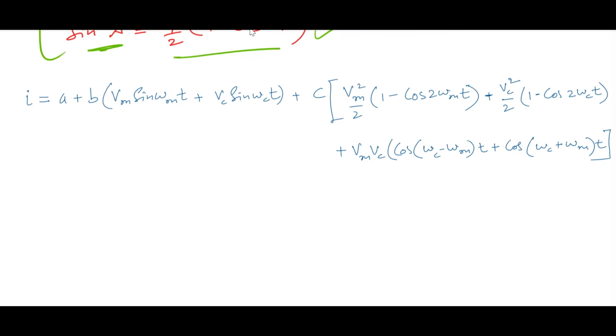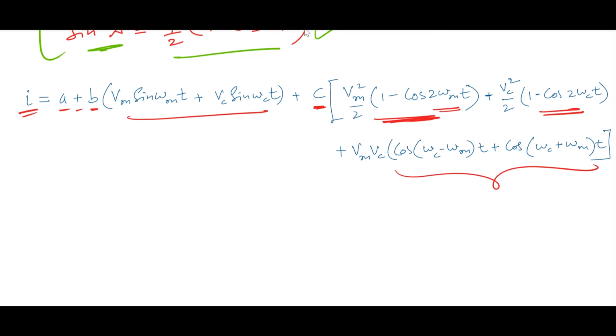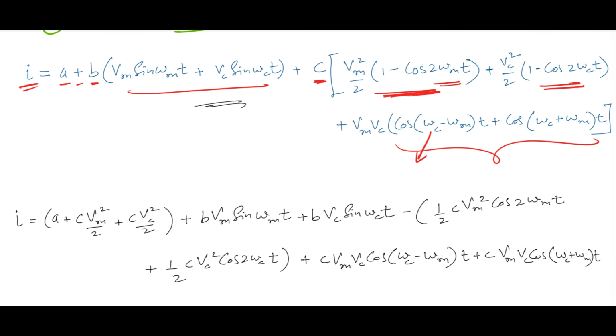After substitution, the equation of current becomes A plus B, which will remain as it is, plus C. In place of sine square omega mt, I'll write 1 by 2 (1 minus cos 2 omega mt). Likewise for the cos function, and this term we have expanded using the sine A sine B identity, considering omega c as A. After rearranging the equation, we get this current.